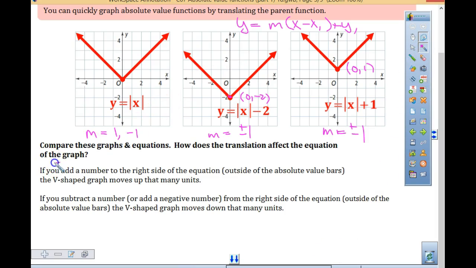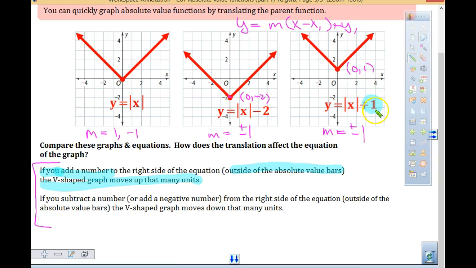So, this is what I want you to write down. If you add a number, and here's what I would put, don't put that whole thing. I want you to put, if you add a number, say outside the absolute value. So, if you add a number outside the absolute value bars, the V shape moves up that many units. So because I have a plus 1, I take that V shape and I just move it up 1.